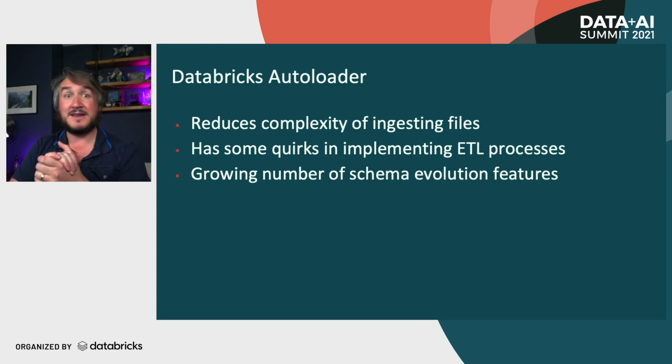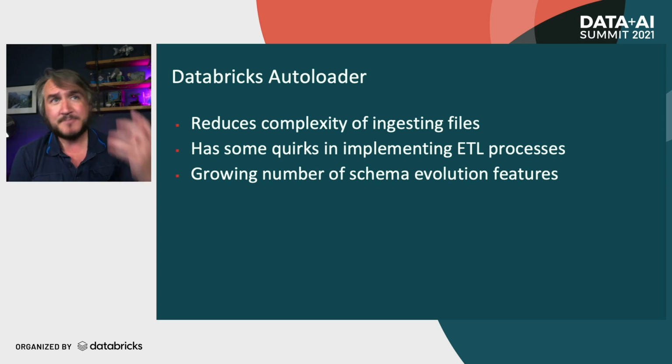Where previously we might just take a data frame and merge it in, we now have to use foreachBatch. We need to be aware of streaming, and of things like stateful streaming. If we're going to do dropDuplicates, we need to do that inside the foreachBatch, so it acts on the new files, not on the whole stream including all files that have been streamed before. There are a few quirks about how we build these patterns, depending on how often we're running it.